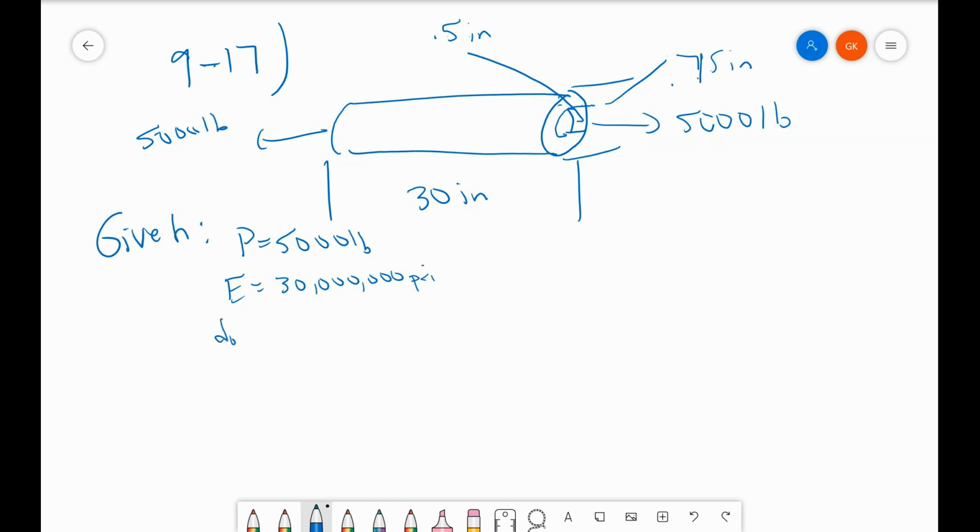The outer diameter, d out, we're going to say is equal to 0.75 inches. The inner diameter is equal to 0.5 inches. The length is equal to 30 inches. We're given so much information. It wants us to find the stress and the total elongation.